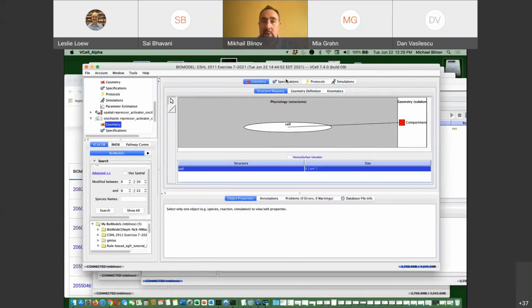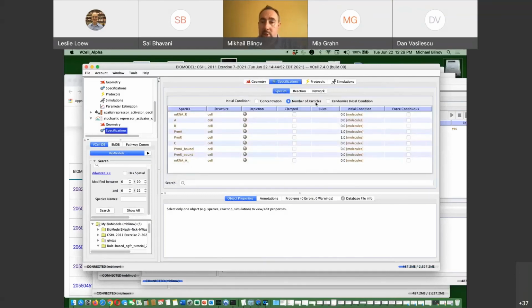So now we have the same number of particles, but the concentration will be 5 times lower.